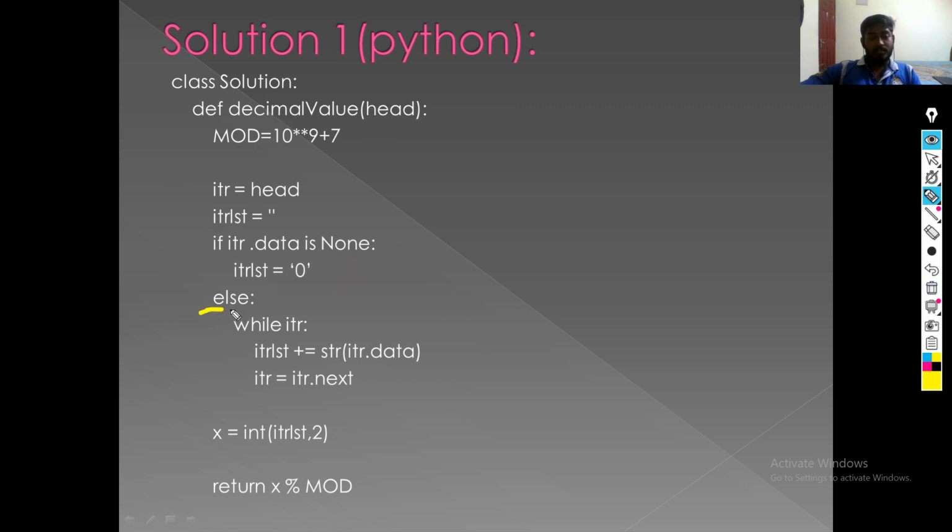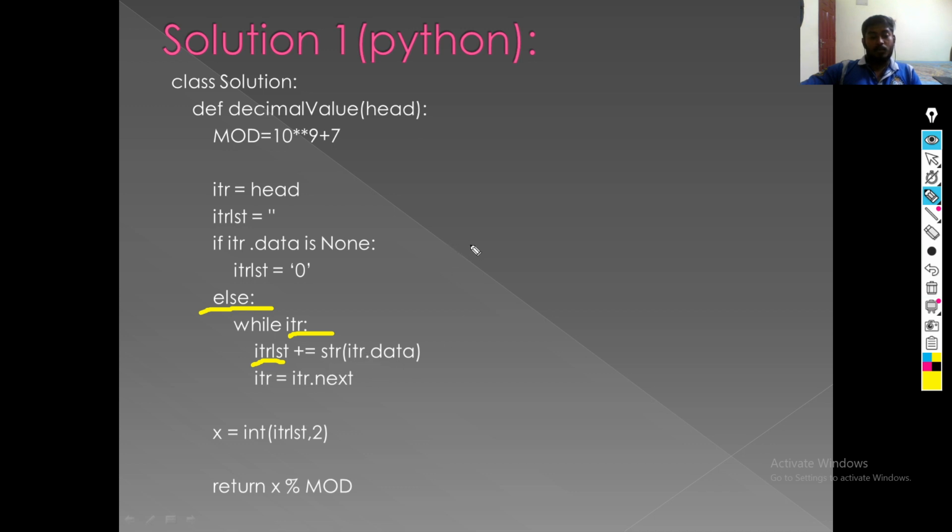After that, we move into the else part. In that, we pass iter into a while loop, checking whether it has a value. It will be processed one by one in the while loop. We assign iter list plus equals string of iter dot data.